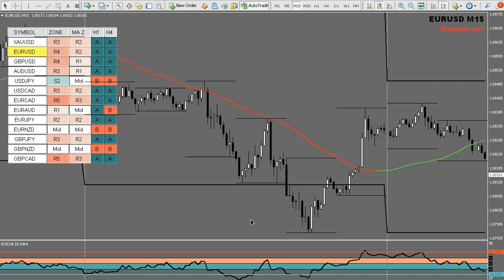The criterion is that when we get the arrow alert, or want to consider an entry, we look back and make sure we are inside at least the prior candle or the second prior candle.